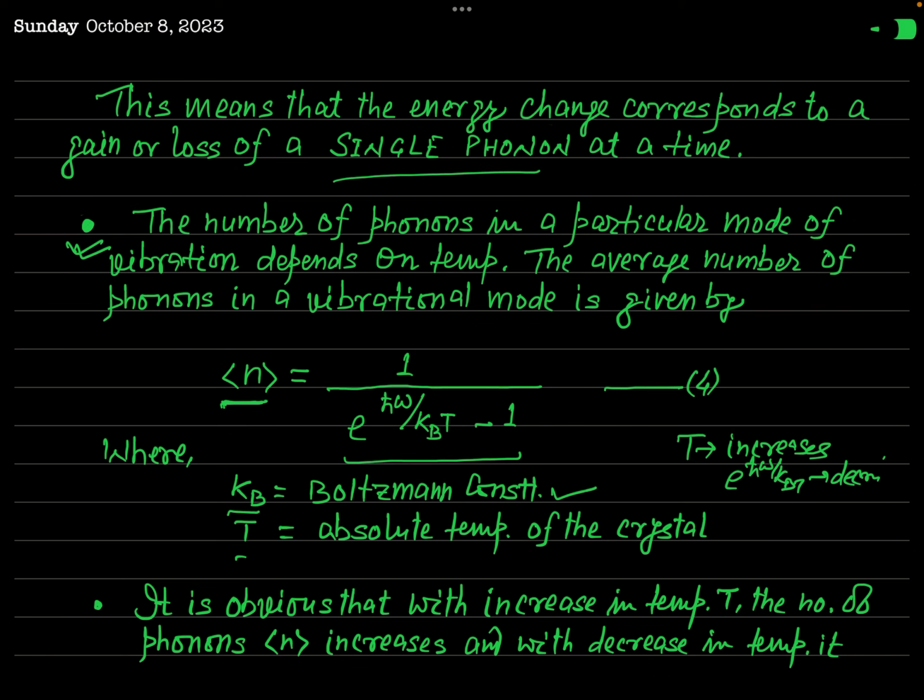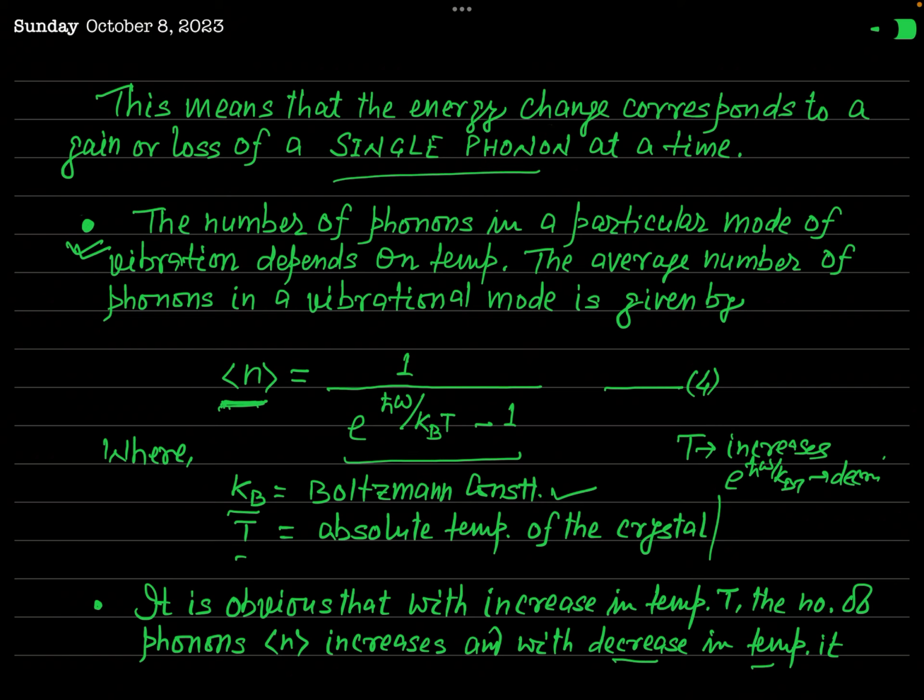But this exponential factor is in the denominator. So when the denominator decreases, the final result will increase. So finally you can say that when temperature increases, the average number of phonons in a particular mode of vibration also increases. Okay? And in a similar manner, with decrease in temperature, this number n of phonons decreases.